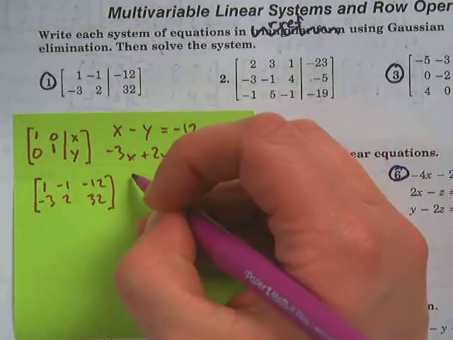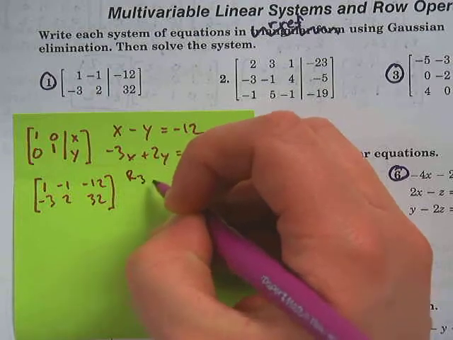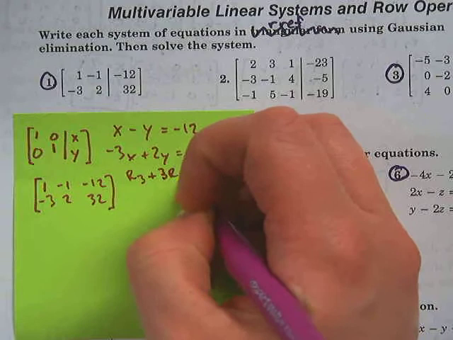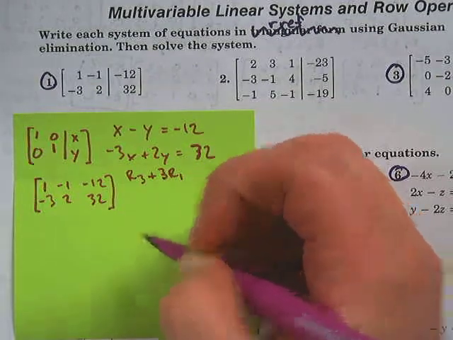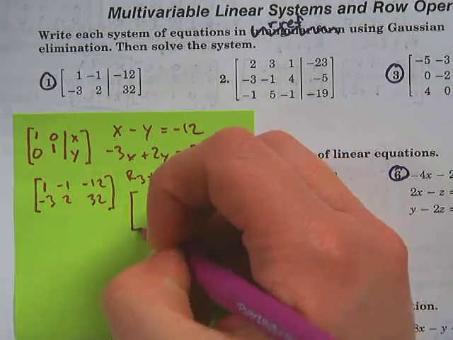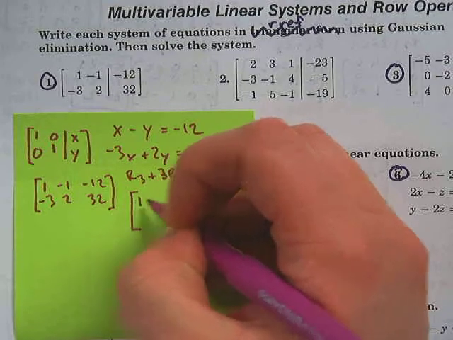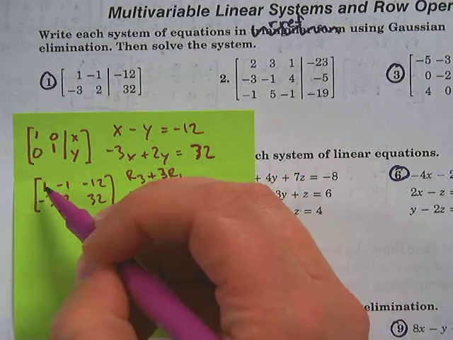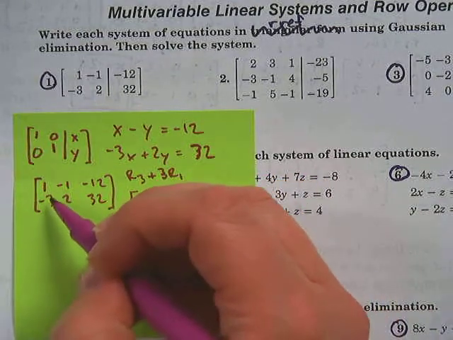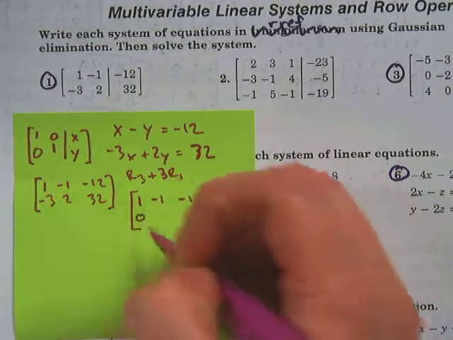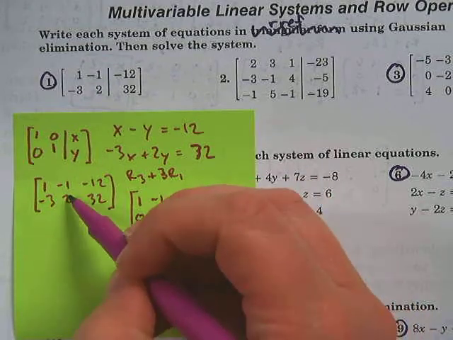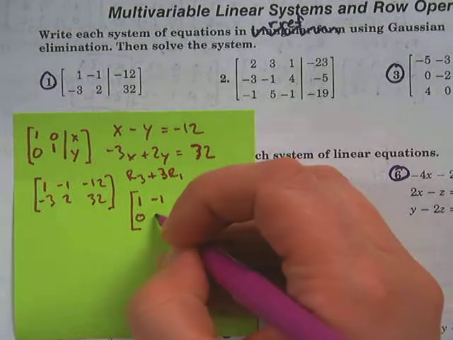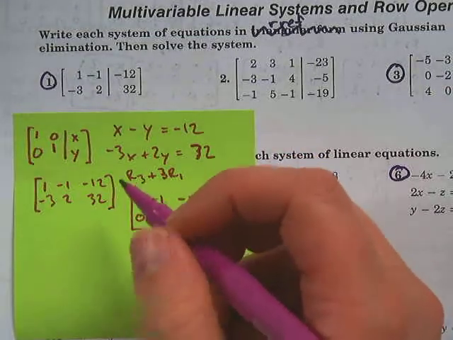So to make that happen, I'm going to take row 2, and I'm going to add 3 times row 1 to that. So when we do that, we've still got the top row is the same, 1, negative 1, negative 12. But the bottom row is going to be negative 3 plus 3 times 1, which is 0. 2 plus 3 times negative 1, which is negative 1.